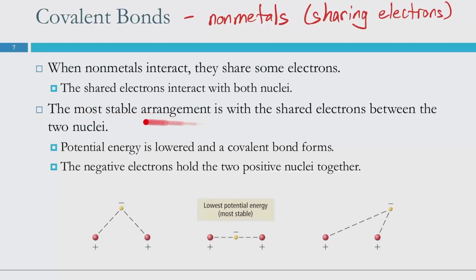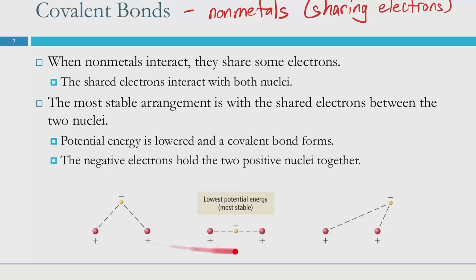The most stable place to keep your electrons between two atoms is, as it turns out, between the two atoms. We've got a couple of options here. Our positive charges are our nuclei, and then we've got the electron or electrons that we're sharing in our bond. As you might imagine, keeping your electrons off to the side is not very stable.